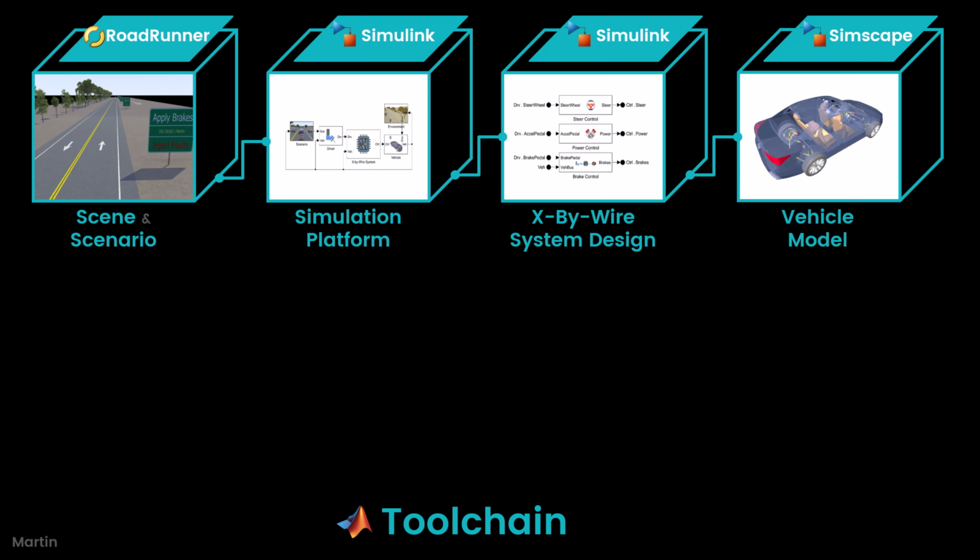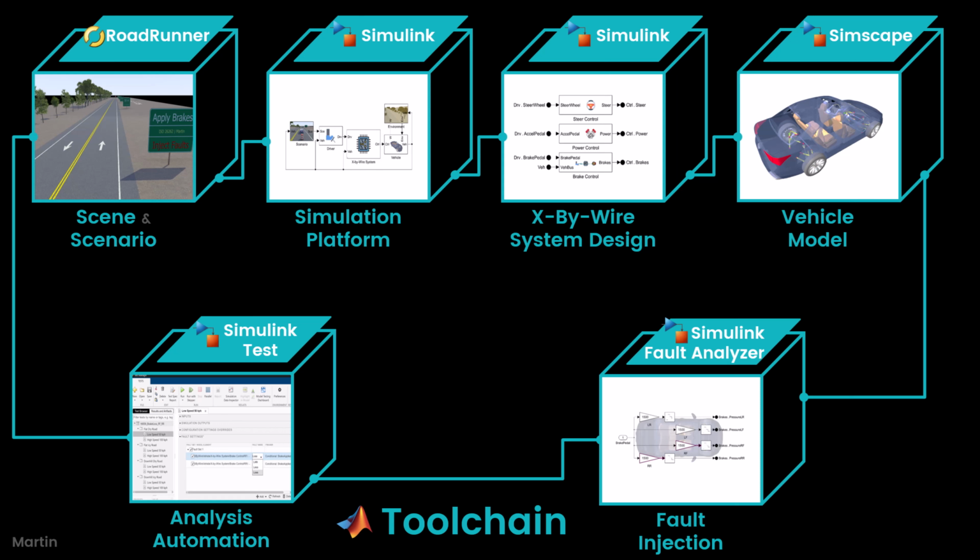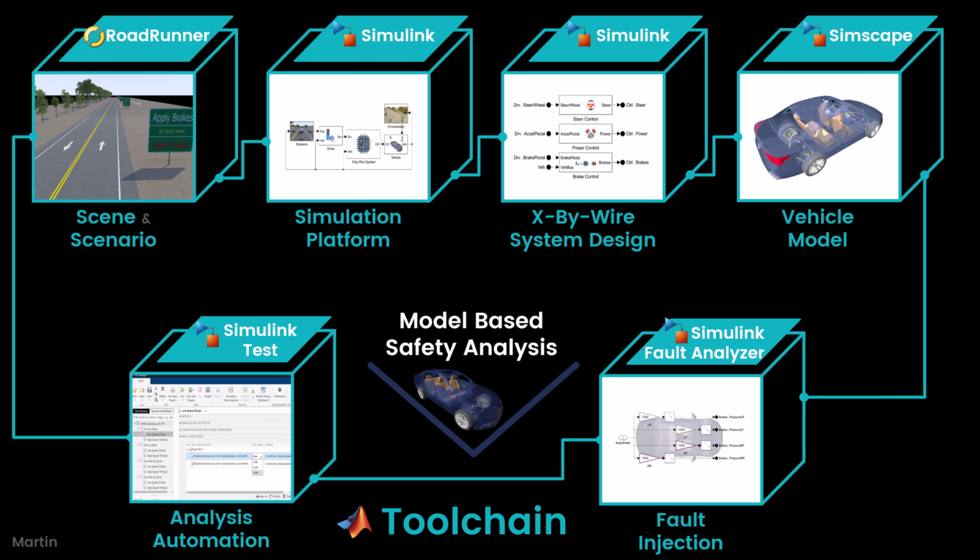To evaluate robustness, Simulink Fault Analyzer allows systematic fault injection and analysis of failure effects. Finally, Simulink Test provides automation for running, managing, and analyzing large sets of safety-related experiments. Together, these tools not only integrate environment, control, hardware/software design, and fault analysis into a seamless workflow, but also help conduct HARA with model-based safety analysis, ensuring hazards and risks are assessed within realistic system contexts.